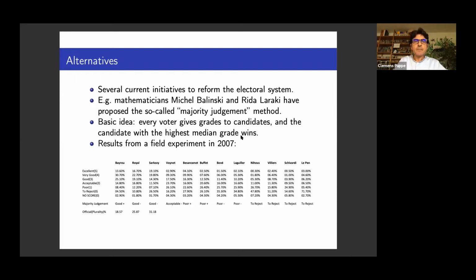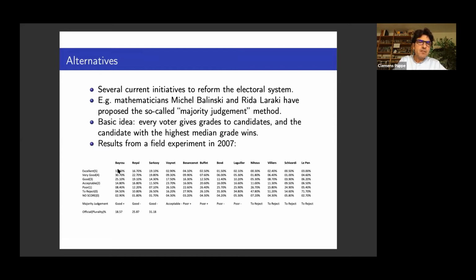Now, how does this work? Look at the table, and this is actually the figures that were observed. So Bayrou, for instance, got the grade excellent from 13% of the population. He got the grade very good by 30, good by 25, and so on.